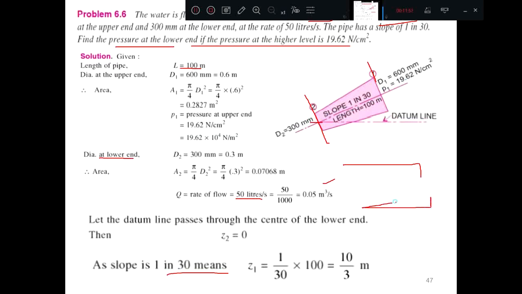This will be the horizontal line, and the pipe makes a certain angle. So for 100 meter, 1 by 30 into 100 is 10 by 3 meter. So Z1 will be 10 by 3 meter.